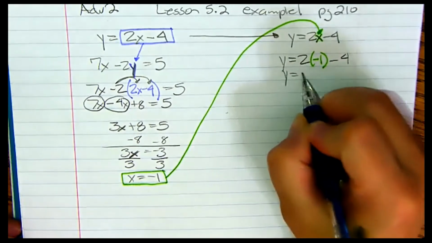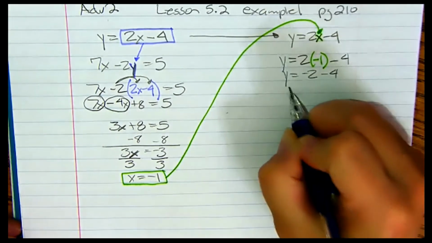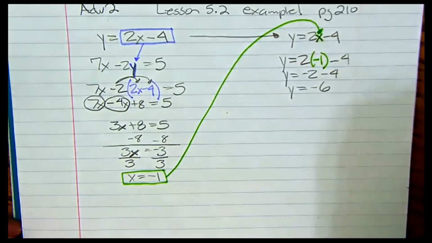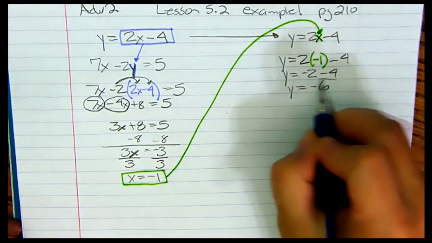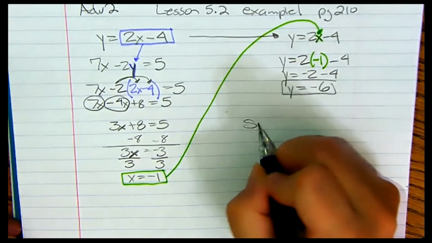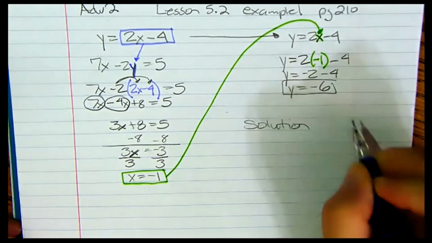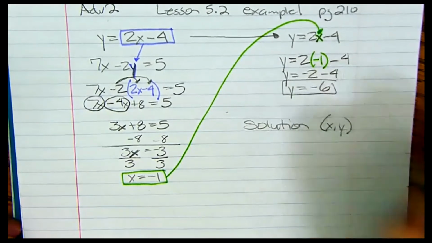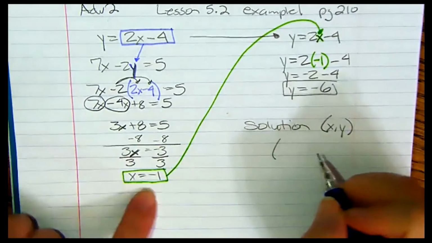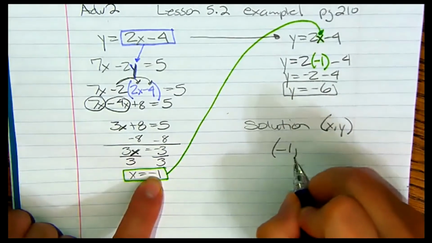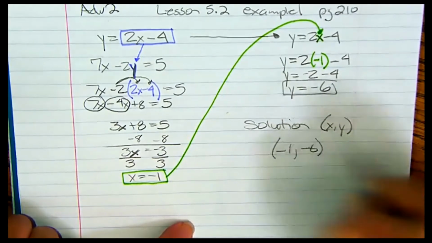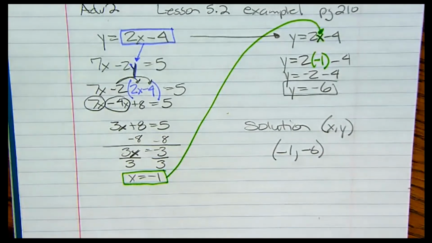So y equals negative 2 minus 4. y equals negative 6. So here we go. The solution, remember the solution is an x, y. My solution is negative 1, negative 6.